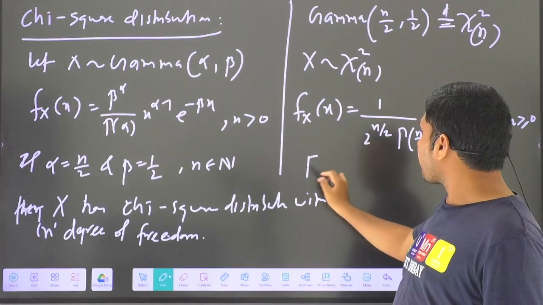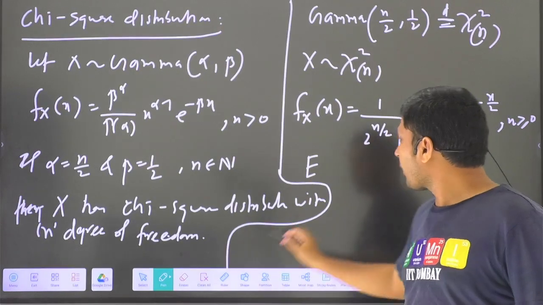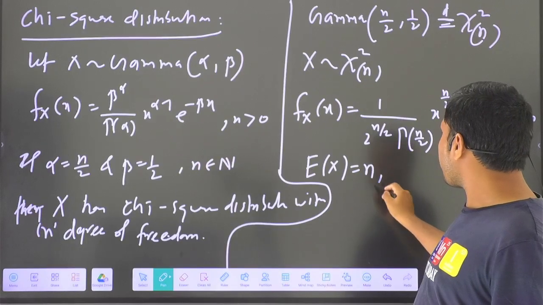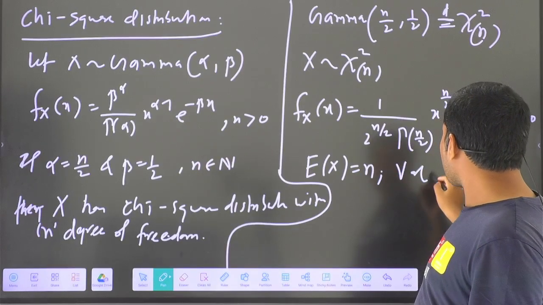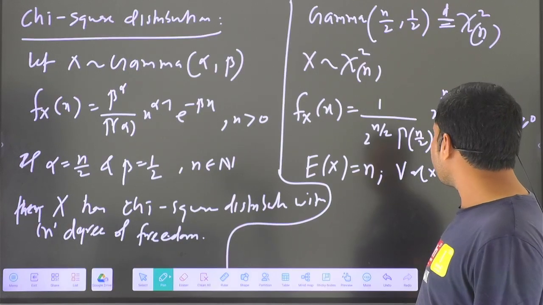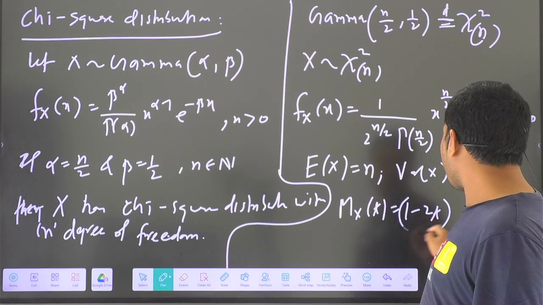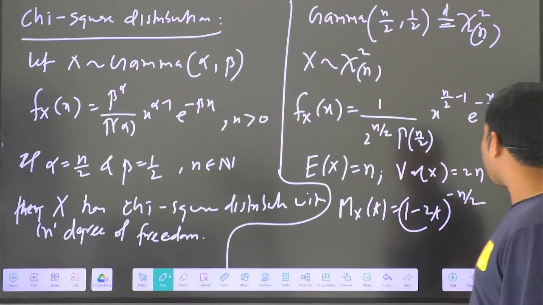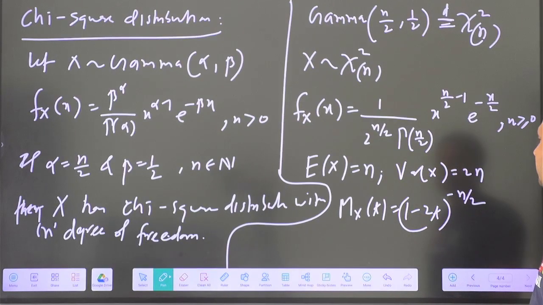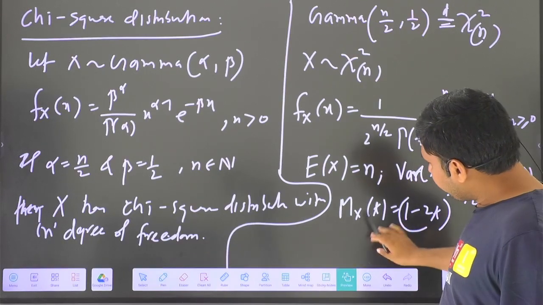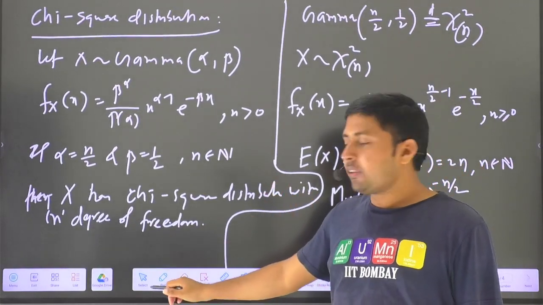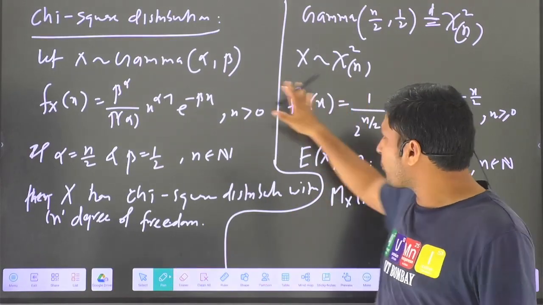If you find the expectation of x in the chi-square, it is n. Variance of x is 2n. The MGF is 1 minus 2t raised to power minus n by 2. Here n is a natural number. So this is one way you can generate the chi-square distribution, from gamma.